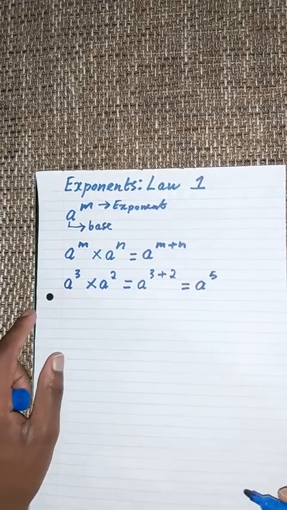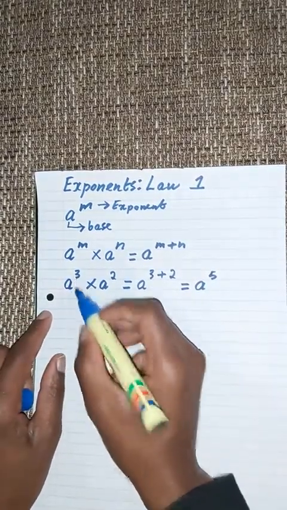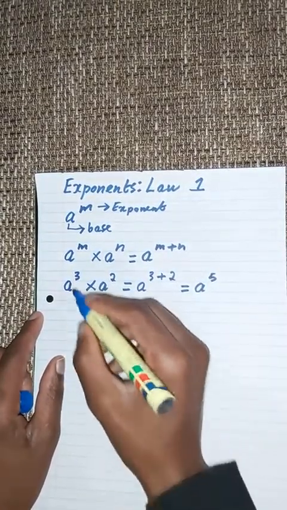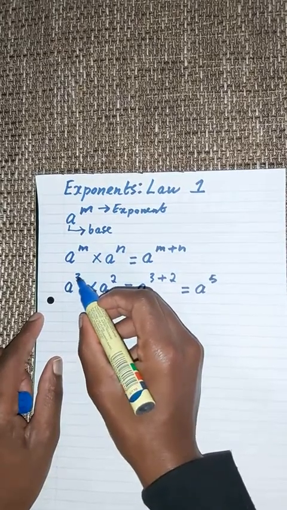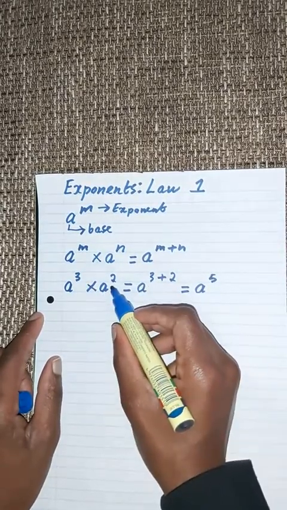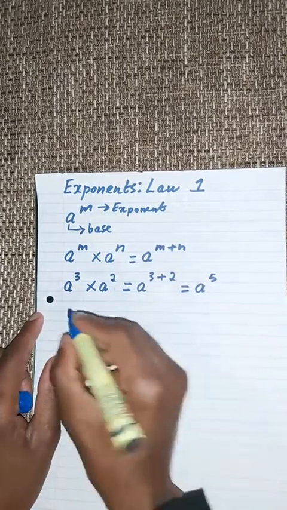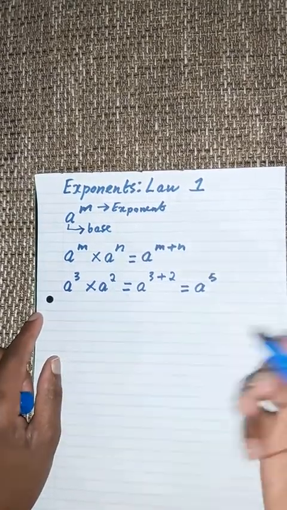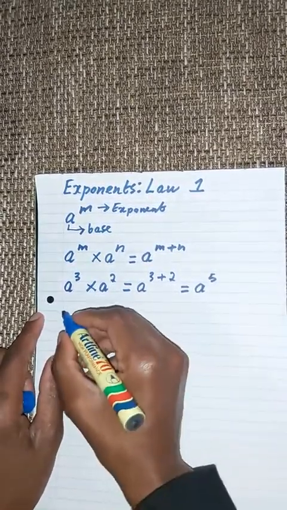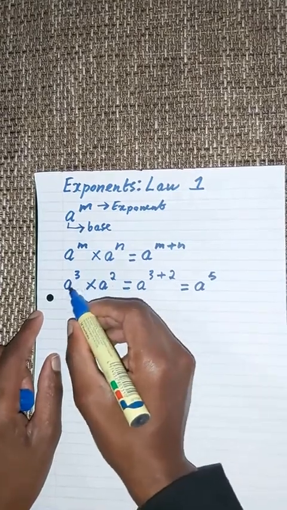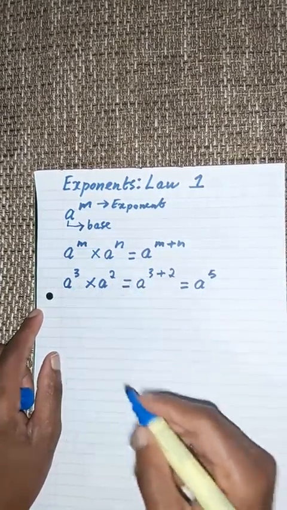All right. And what this means, if I have a to the power of 3, is that I actually have 3 a's, and on this side I have 2 a's. This is just for the sake of you knowing. It's not that you need to actually show this unless you are instructed to do so.